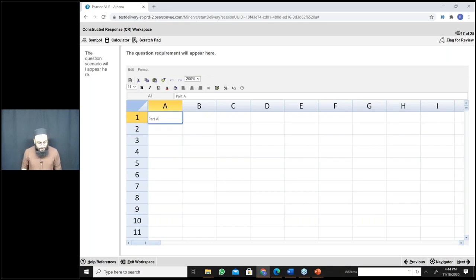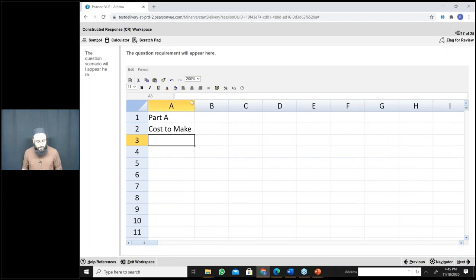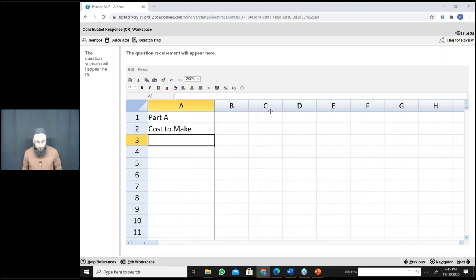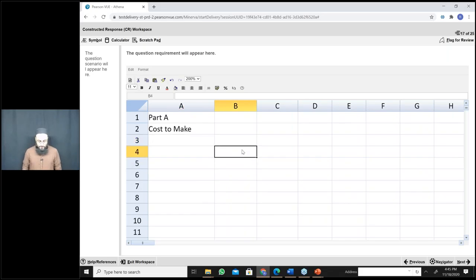Let's start with part A, and what we are doing first is calculating cost to make, because we know the tools that Rizwan Mania told us. Cost to make is what we'll start first with. What we have here is keypads.